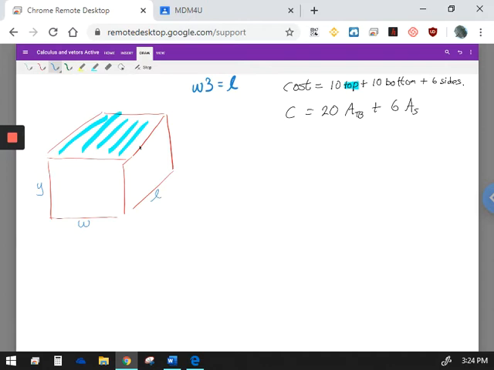So therefore, let's go into the cost function here. The area of this blue section up here is the top. And so it appears that L is 3W, right? So if I want to figure out, let's say this is W and this is 3W, what's the area of that blue section?